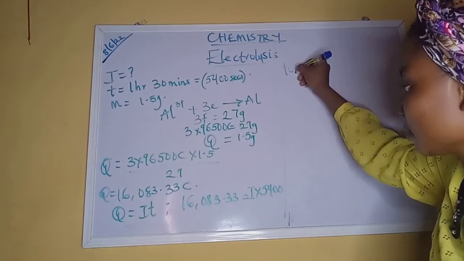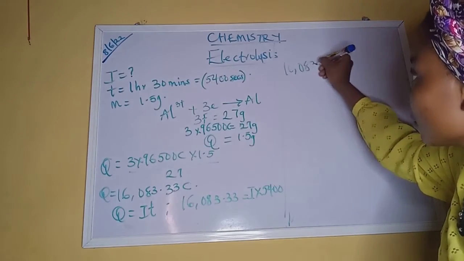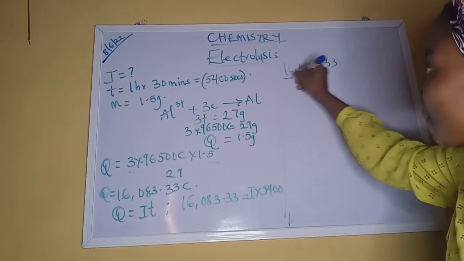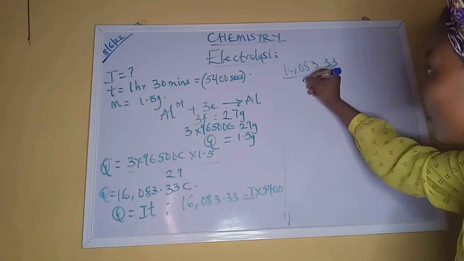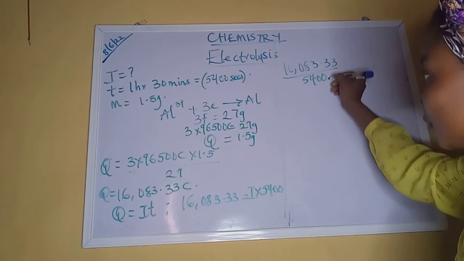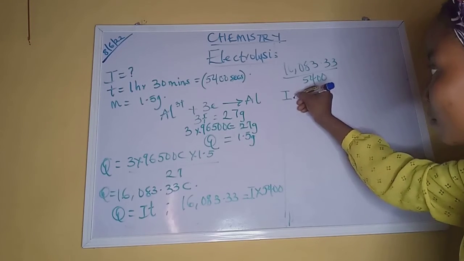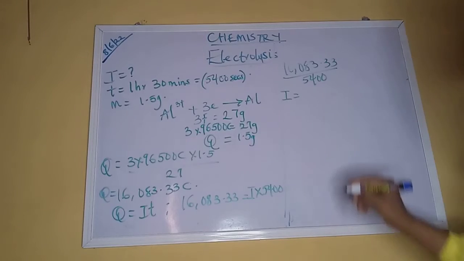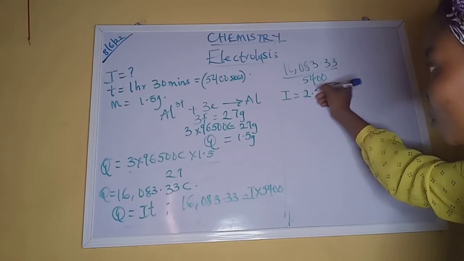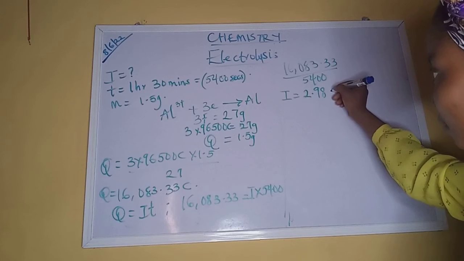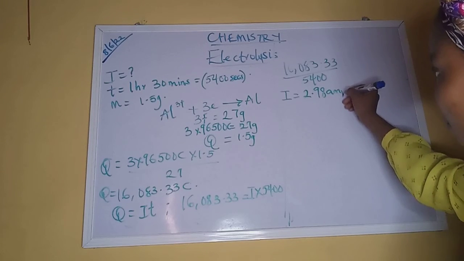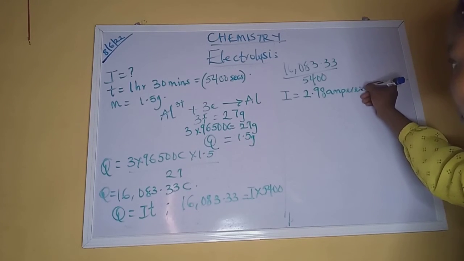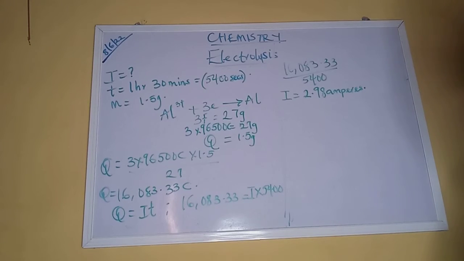We have 16,083.33 all over 5,400. Then if you are to use your calculator, your answer should be 2.98 amperes.